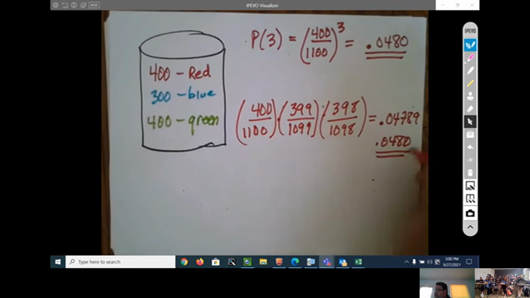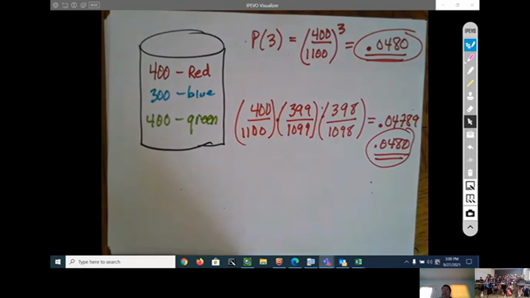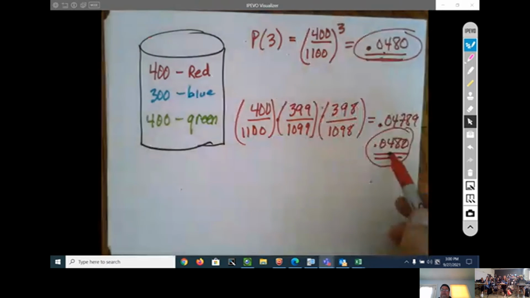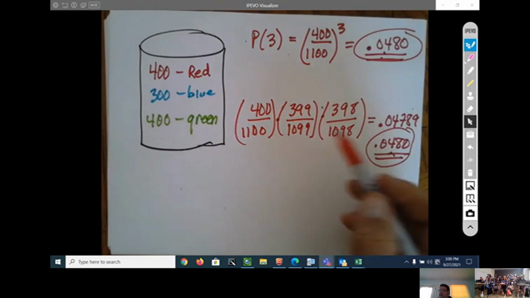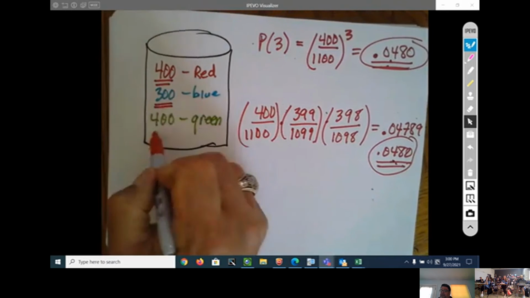Which is 0.0480. Is there any difference between these two answers? No. They're the same answer, aren't they? Why is it the same answer? You used two different methods. Because these numbers are above 3 digits, or above 300.